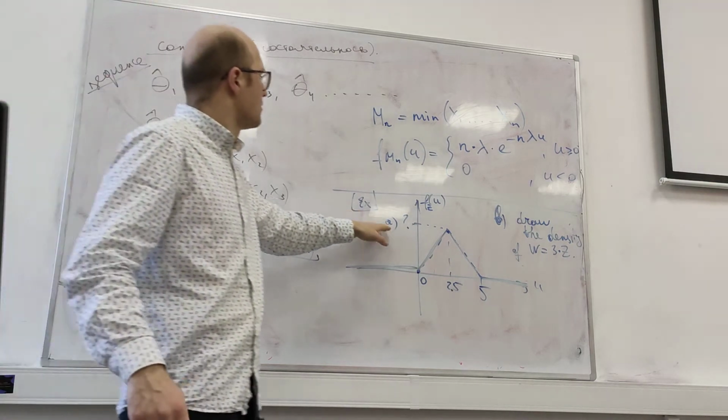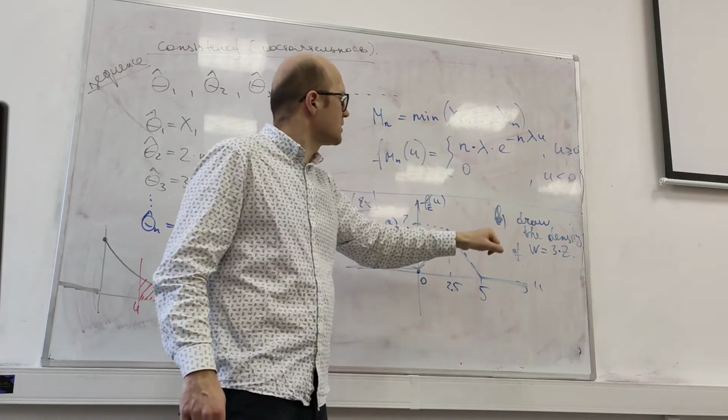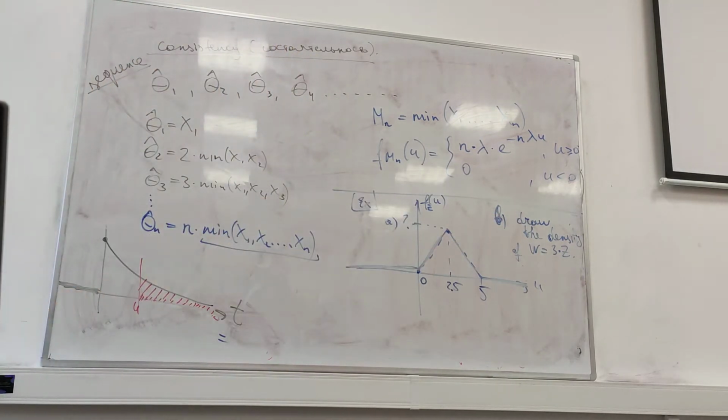First question, what is this number? And second question, draw the density for 3 times Z.